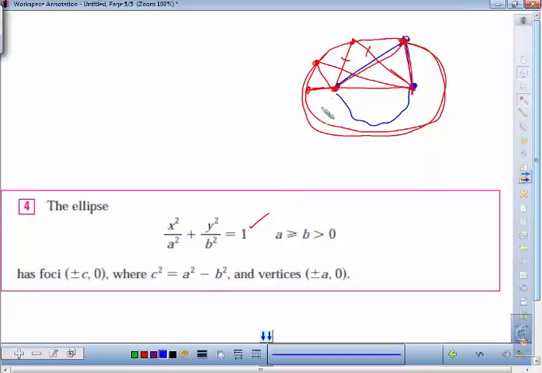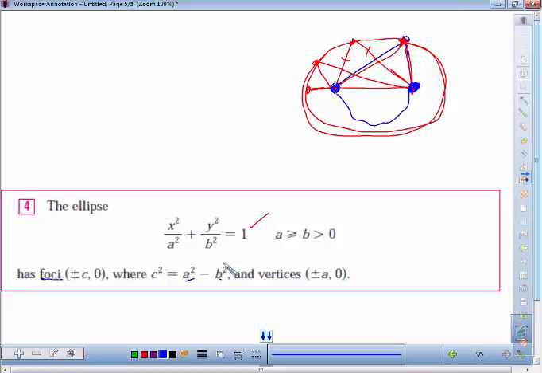It turns out that these special points are called the focus points, or foci. And so you would get the foci by putting this combination of a and b together.